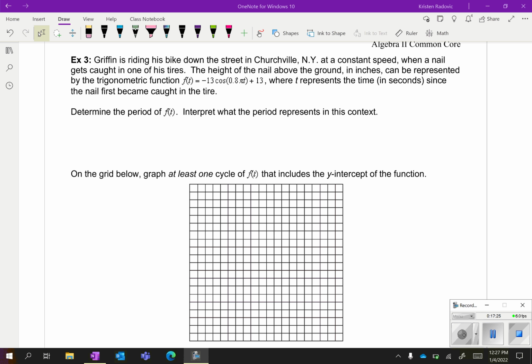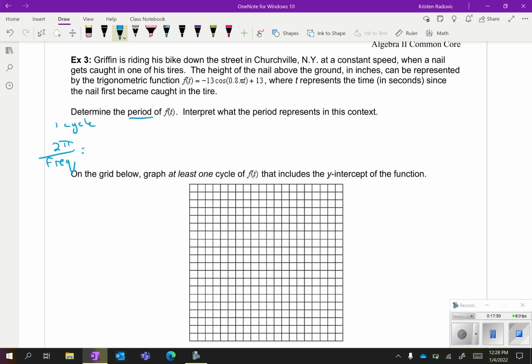They want you to determine the period of f of t and interpret what the period represents in this context. So the period represents one full cycle. And the period is also found by doing 2 pi over the frequency.